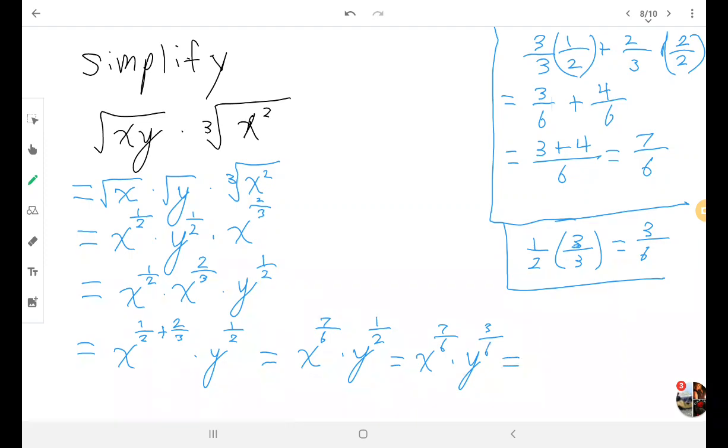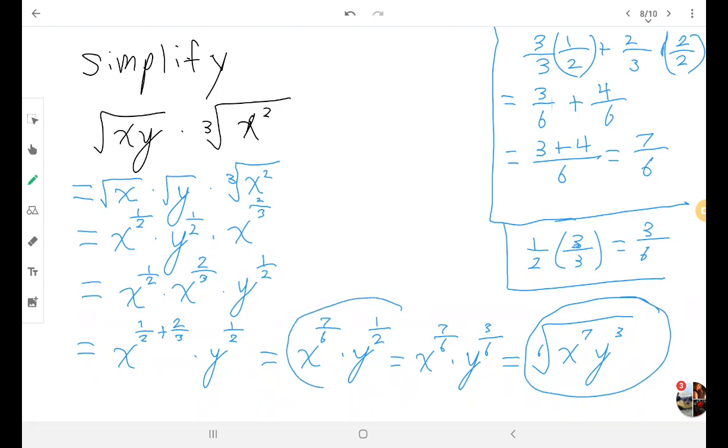And what that gives me is a 6th root, and I can have x to the 7th, y to the 3rd inside that 6th root. So this is a perfectly acceptable answer, and so is that. All right, I will pause to allow for some questions.